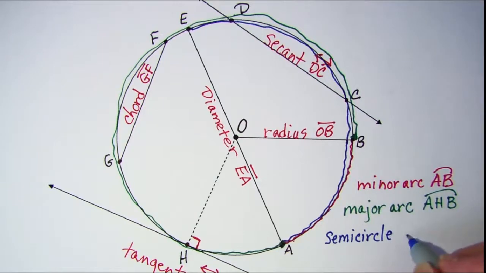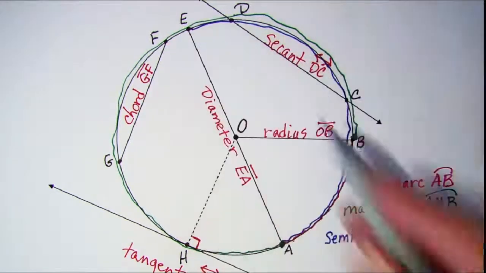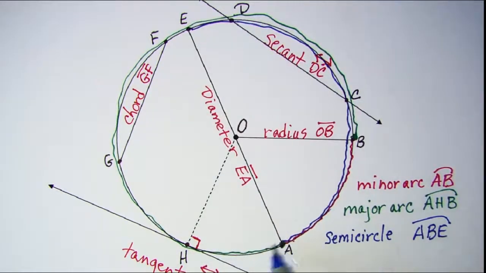So we could talk about arc ABE. And that would be the semicircle that went on this side. If we wanted the other one, we could say semicircle AGE. And that would be the other side.